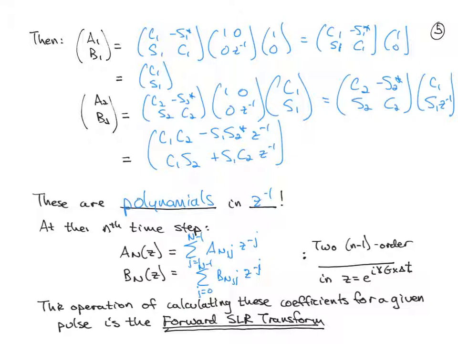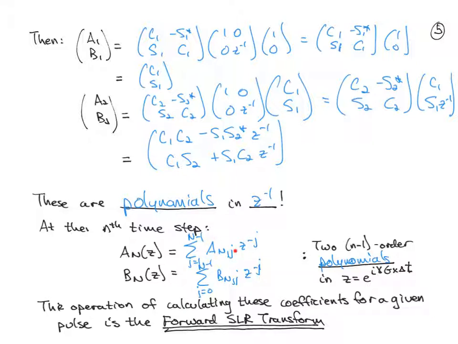Okay, and these are two n minus 1 order polynomials in Z, where Z is equal to the incremental rotation due to the gradients. Okay, so we've transformed these rotations into two polynomials.